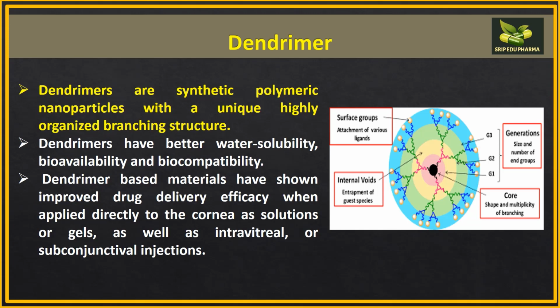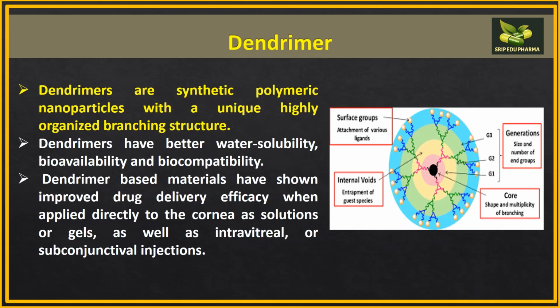Then in the inner portion there are internal voids which have entrapment of guest species, and in the center there is a core, and this core is for shape and multiplicity of branching. Then there are various generations like G1, G2, G3.